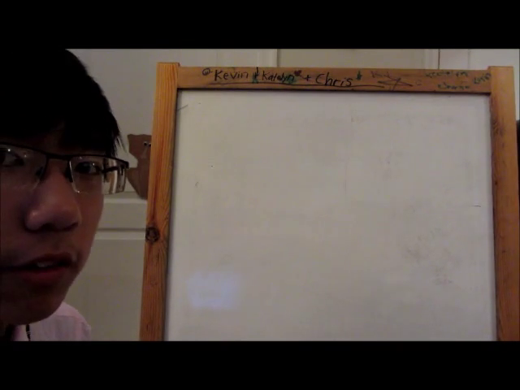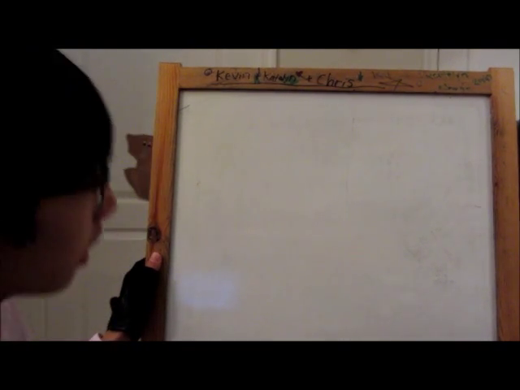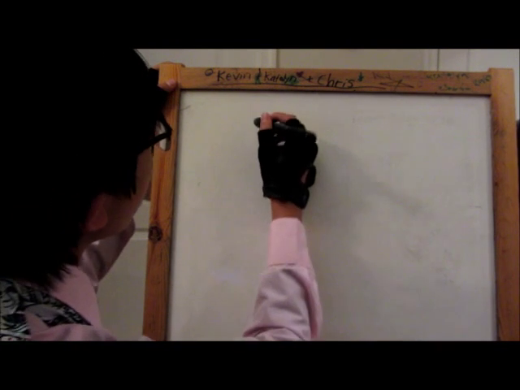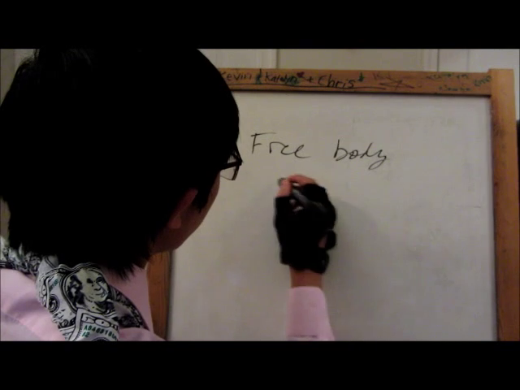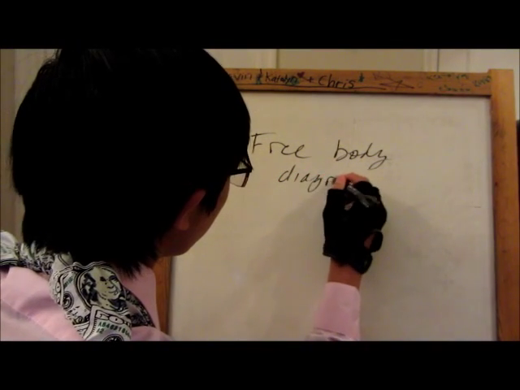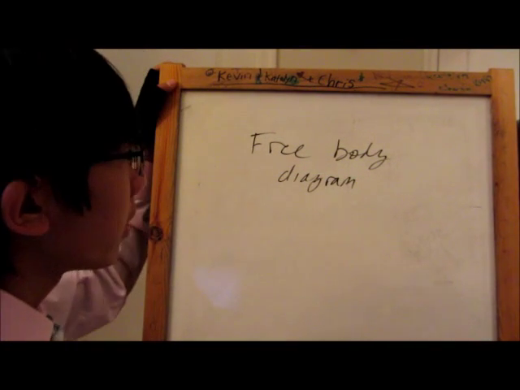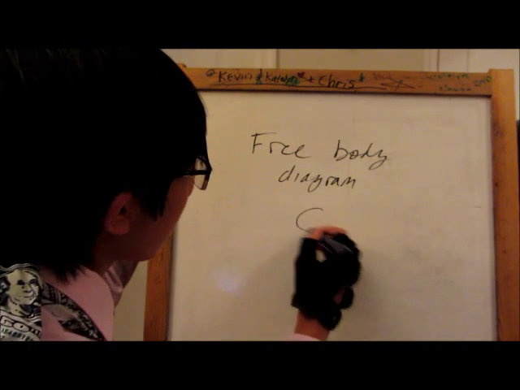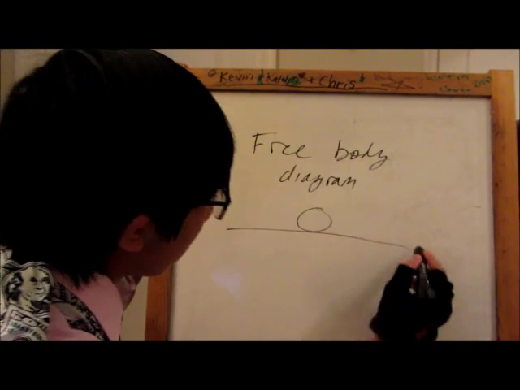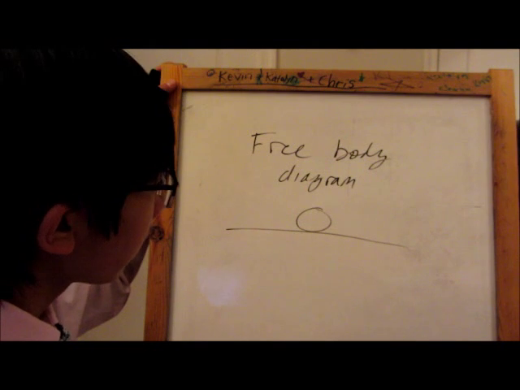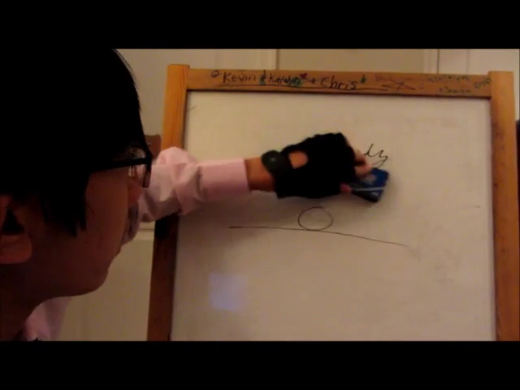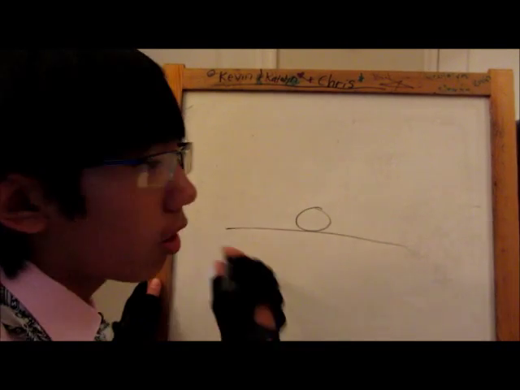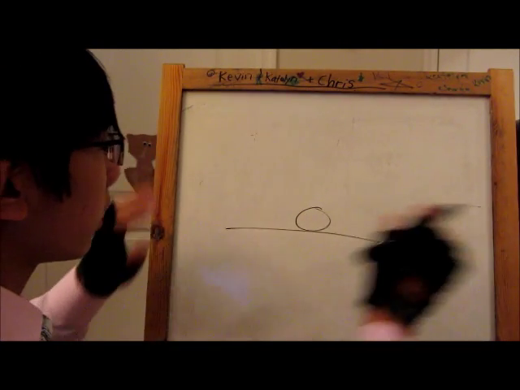So this is how you find the forces on an object. You first have to draw a free body diagram. All that means is that you draw the object, in this case our ball, lying on the ground, and you find all the forces that are acting upon it at that moment in time. We're assuming this is a horizontal line, so there's no force on the x-axis.